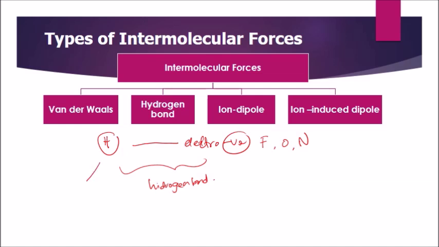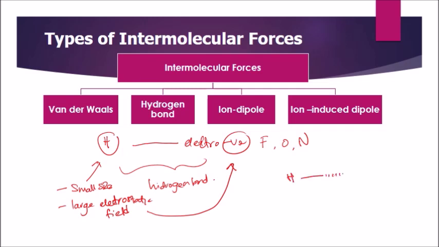This happens because the hydrogen atom is small in size and has a large electrostatic field. Hence, it can move closely to an electronegative atom and form an electrostatic type of union, which is also known as hydrogen bond.